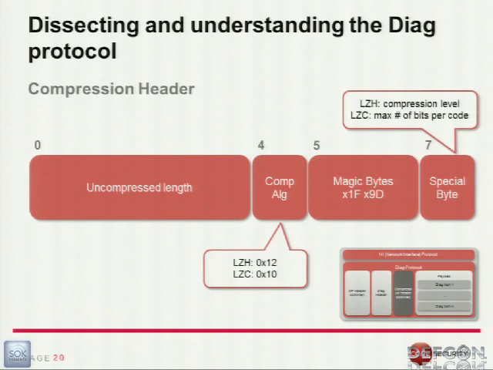When the payload is compressed, there's a compression header with 4 fields. It's also an 8-byte length header. The first one is the uncompressed length of the payload, an identifier of which algorithm is being used, magic bytes, which are constants, and a special field which depends on which protocol is being used.